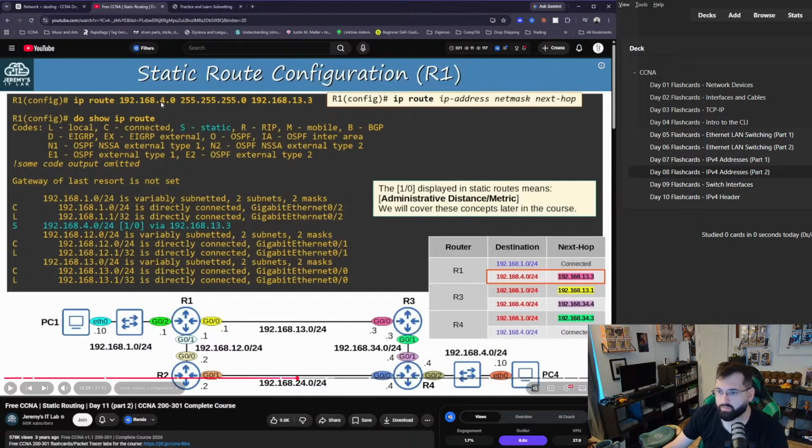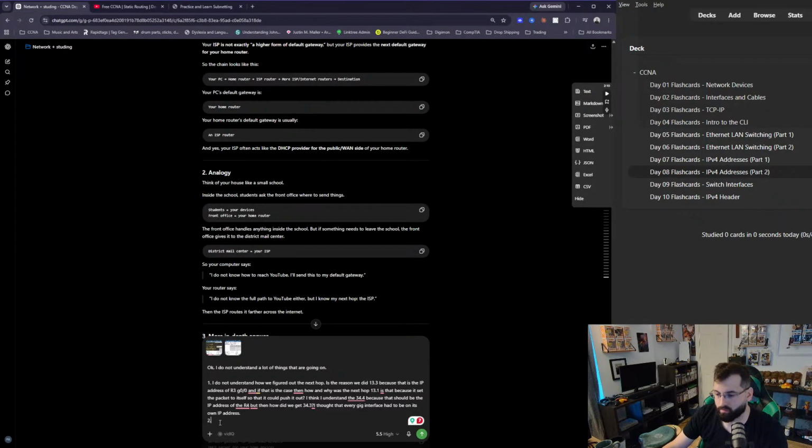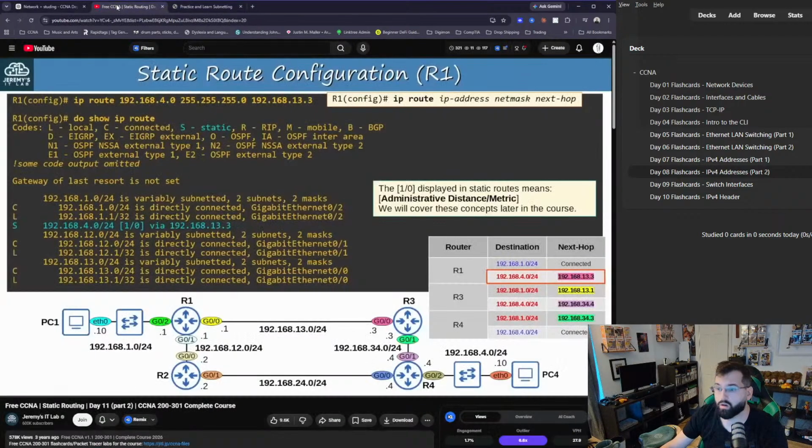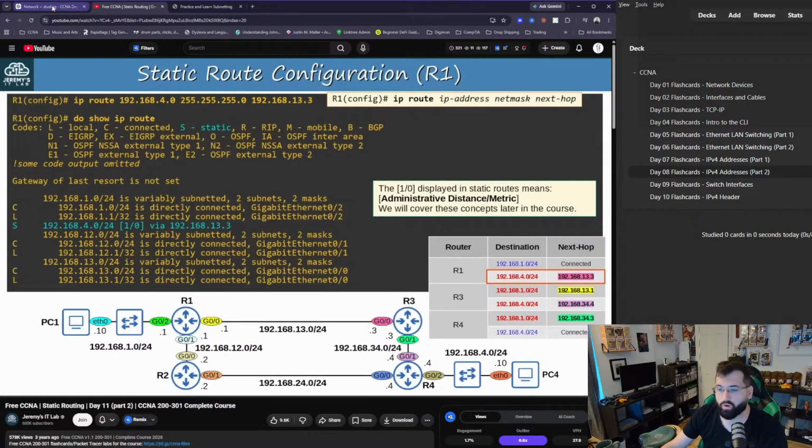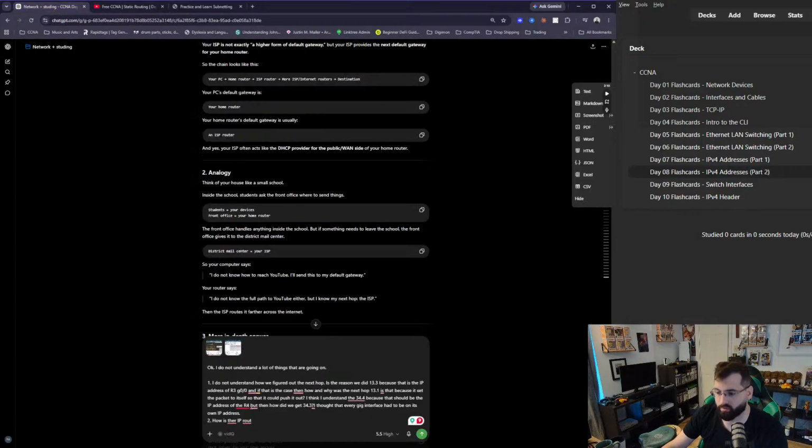How is the IP route 0.4.0? So 192.168.4.0.